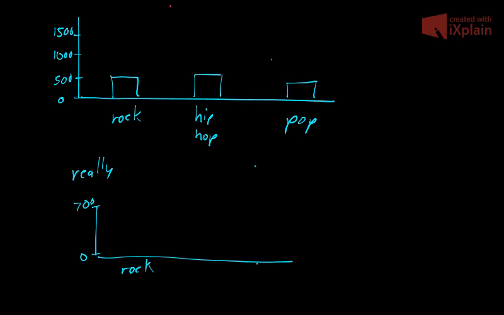So I'd see that rock is maybe right about up to 500, and hip hop is up to like 700, and pop is down at like 400. And just by changing the axes a little bit, you can actually see the difference. Or if you don't want people to be able to see the difference between things, you can just hang out with the axis there, and we'll be good to go.